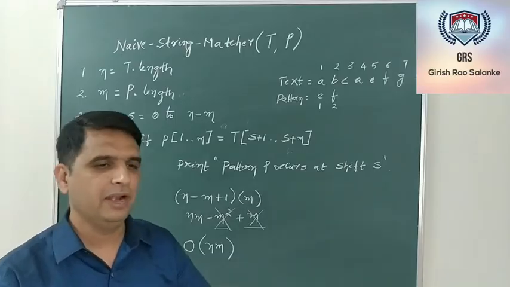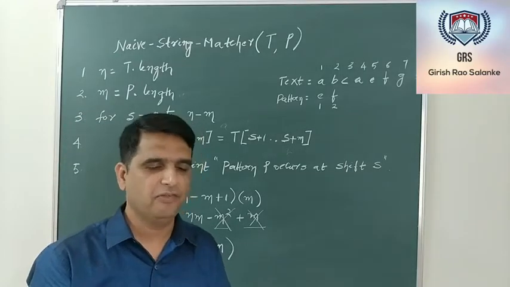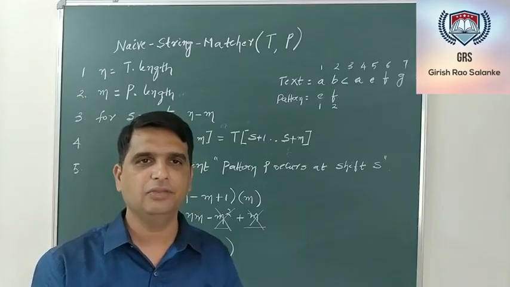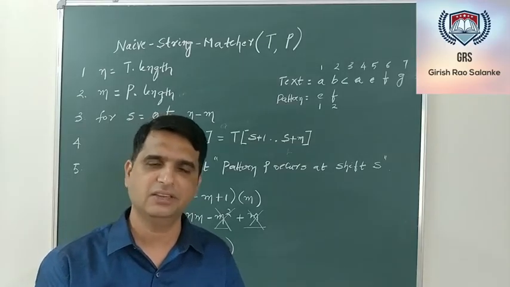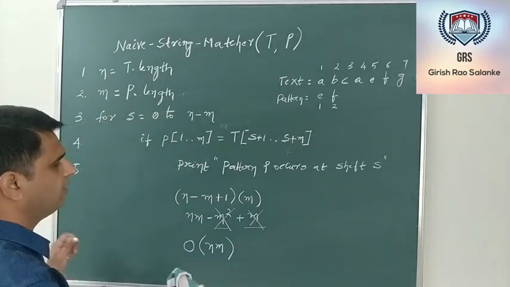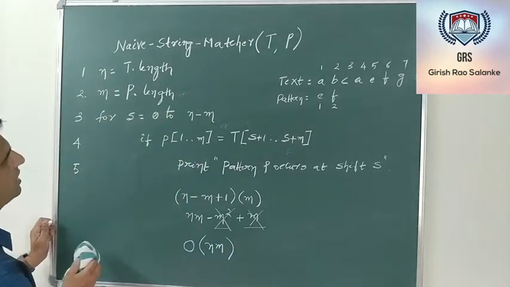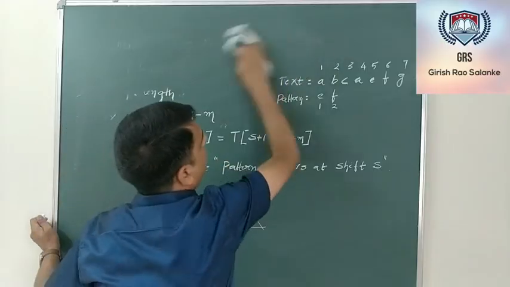Now there will be a best case if my pattern is there in the beginning of the text itself. That would be the best case. We'll take one example to analyze the best case and the worst case.